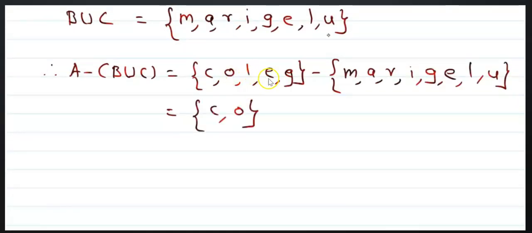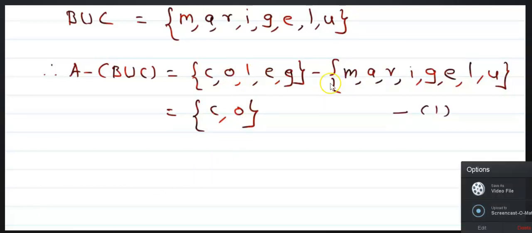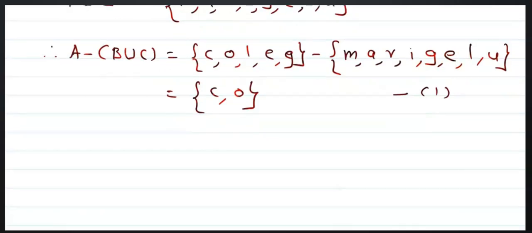Here is a G. It is corrected now. You can see that is C, O, L, E, G. Now, which are the common elements? G, E, L. These are the 3 and the remaining is 2, C and O.